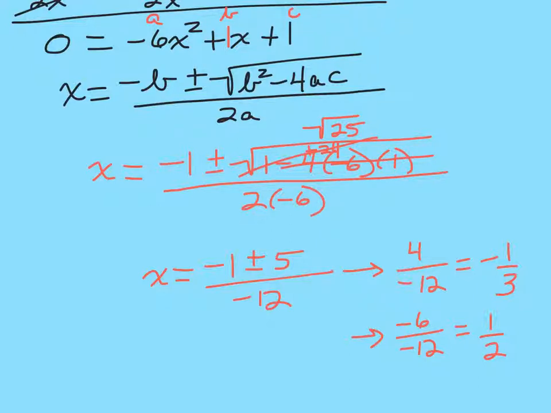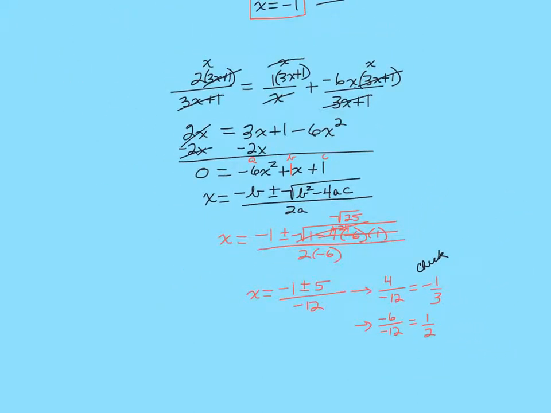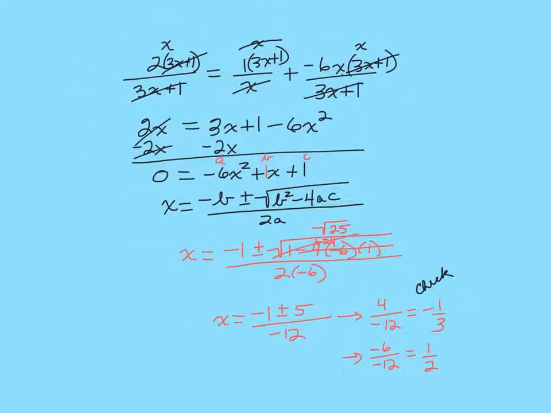Okay, and we have to check both of those. Now it may be that one of them works, it may be that both of them work, or it may be that neither one of them works. Could be any of those three things. So let's put them back into the original denominators and see if we get any zeros. Okay, so scrunch the problem back down. Let's try that negative 1/3 first.